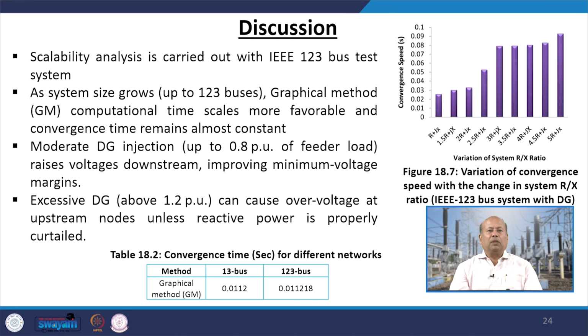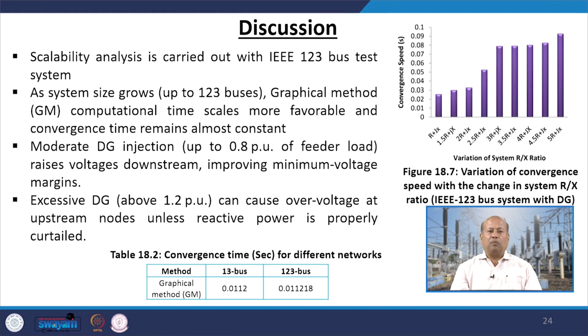So just to conclude, scalability analysis is carried out with the IEEE 123 bus test system. As the system size grows up to 123 buses, the graphical method's computational time scales more favorably, and convergence time remains almost constant. Moderate DG injection up to 0.8 per unit of feeder load raises voltage downstream, improving minimum voltage margins.